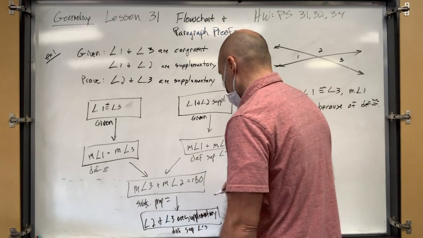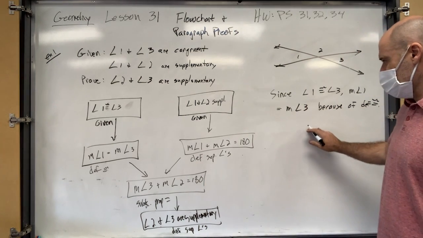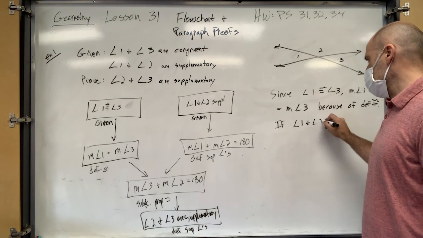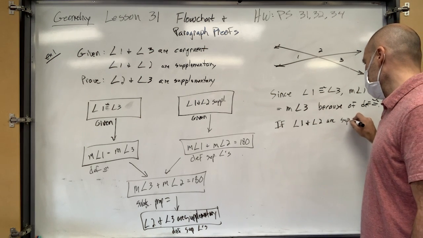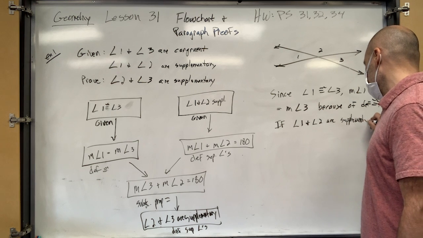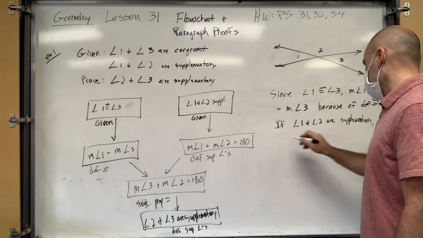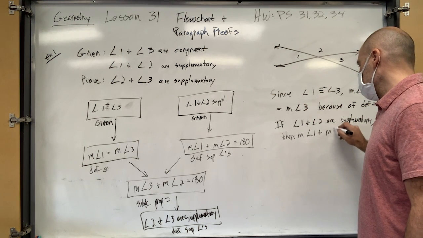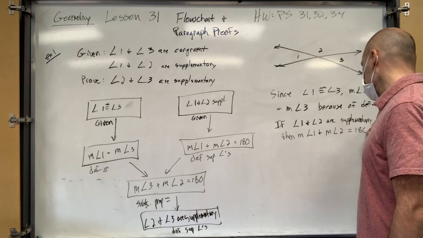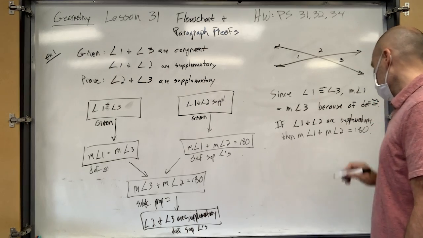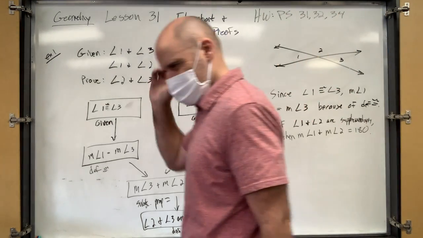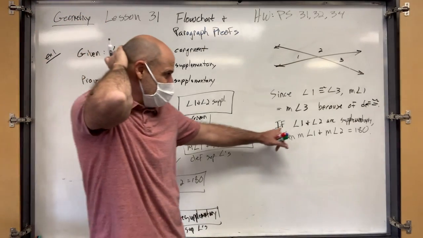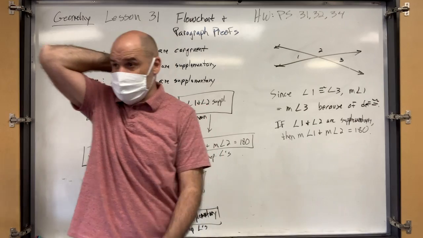Okay? And then I can say, if angle 1 and angle 2 are supplementary, then measure of angle 1 plus measure of angle 2 equals 180. And then I could probably just say yes. I don't even have to say why, because I just did, and since they're supplementary, then they add up to 180.